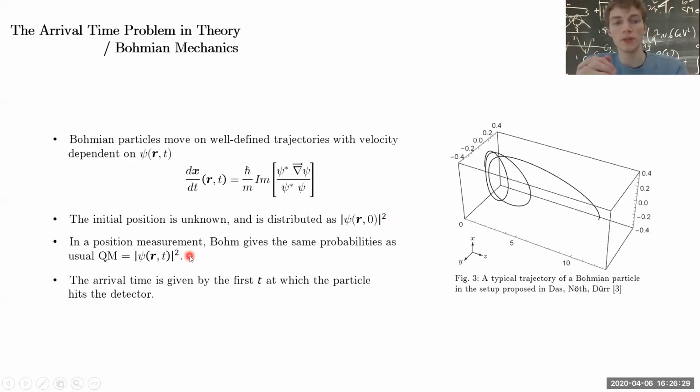Now, it's well known that if a position measurement is done of the particle, the result for the probability density in quantum mechanics is the same as the result for the probability to find that particle in Bohmian mechanics. And that probability density is given by |psi(r, t)|^2.